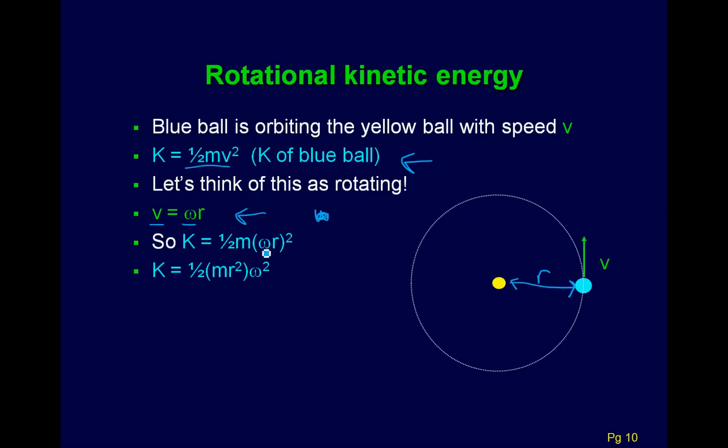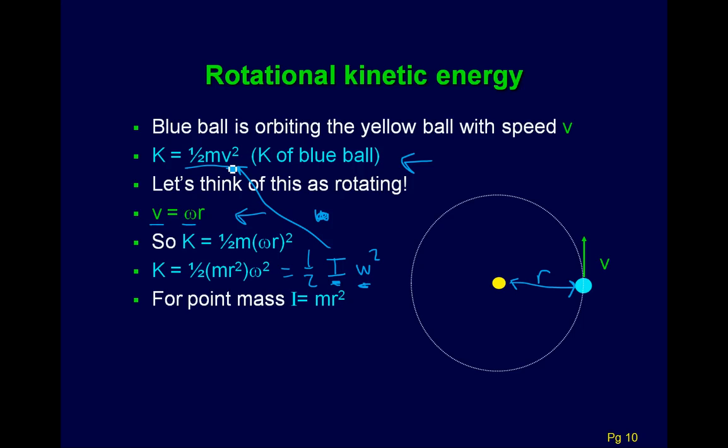If I move it around a little bit, I've got a shape where I've got 1/2, and I'm going to call this business inside here I. We'll talk about that later. And then omega squared. You see that this now has a very similar shape to our old equation, 1/2 mv squared, where it's 1/2 some sort of business here, and then the angular velocity squared, where it used to be the linear velocity squared.